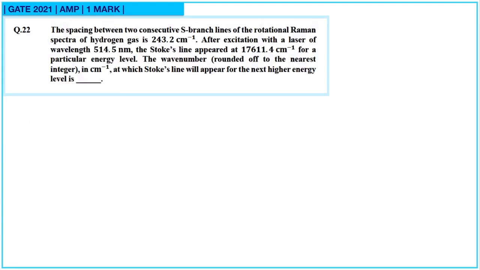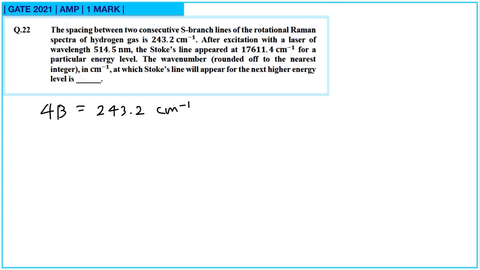Next question. The spacing between two consecutive S branch lines of a rotational Raman spectrum of hydrogen gas is 243.2 centimeter inverse. So that means 4B is equal to 243.2 centimeter inverse. After excitation with a laser of wavelength 514.5 nanometer, the Stokes line appeared at 17611.4 centimeter inverse for a particular energy level.